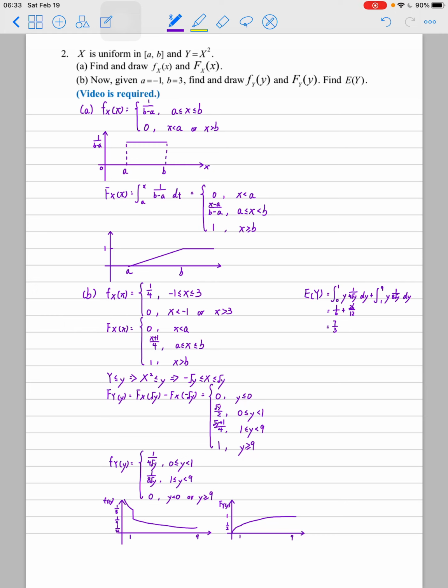F_X(x) should be 0 when x is smaller than a, and it should be x plus 1 over 4 when x is from a to b, and the formula should be 1 when x is larger than b.